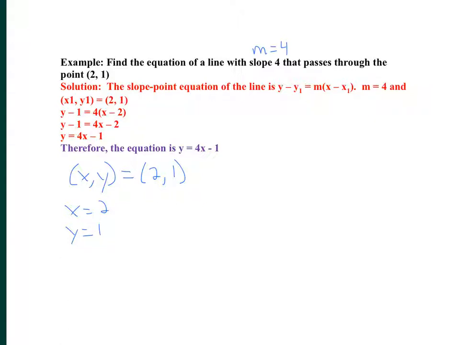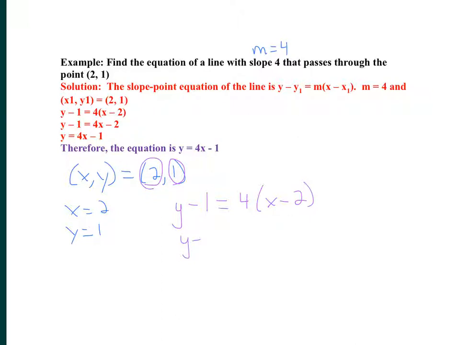So we have enough information now to put into our equation y minus y1, where y1 is coming from the y coordinate of our point, equals m, which we know is 4, times x minus x1, and x1 is the value of the x coordinate of our point.